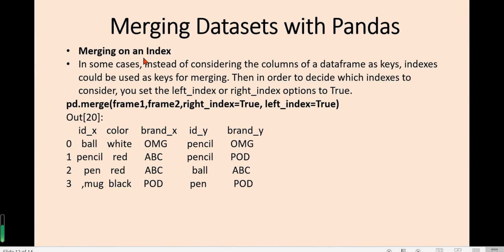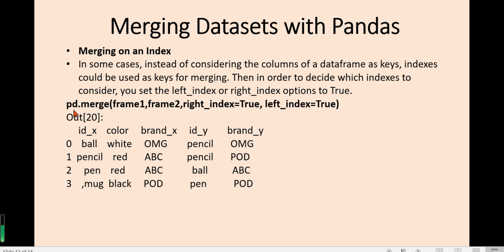And merge on an index. So in some cases, instead of considering the columns of a data frame as keys, indexes could be used as keys for merging. Then in order to decide which index to consider, you can set the left index or right index options to true.